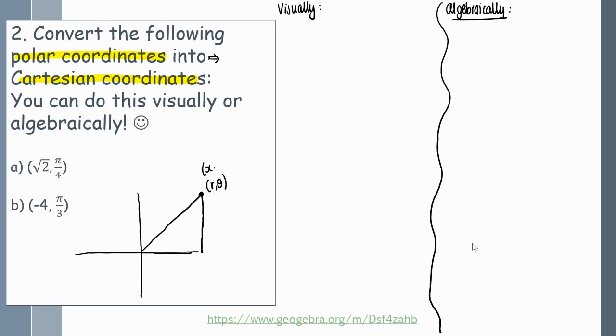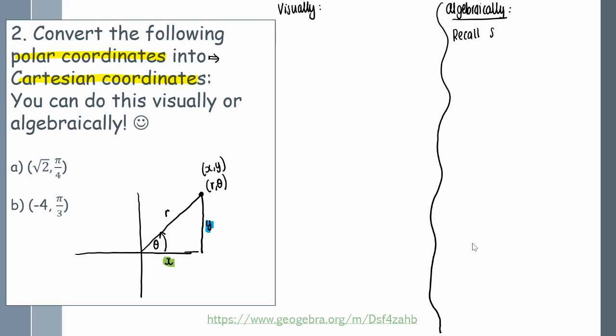So recall that if I have polar coordinates r, theta, this can represent Cartesian coordinates x, y. So I'm just going to draw in this diagram a right angle triangle. Notice that this is my right angle triangle, and I can develop two expressions, one for sine theta and one for cos theta.